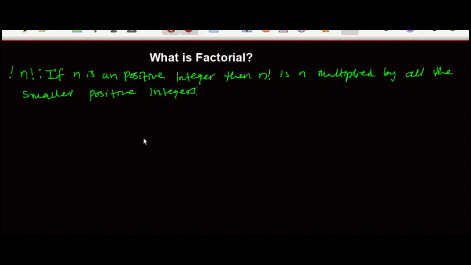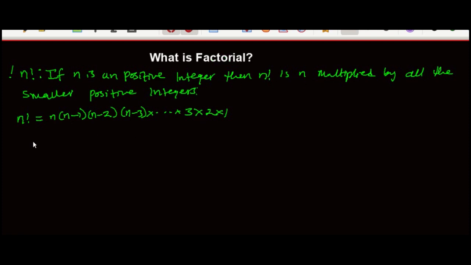So let's take an example very briefly to explain what I'm trying to say. On a more general note, n factorial is written as n multiplying n minus 1, multiplying n minus 2, multiplying n minus 3, multiplying say 3, 2, and 1, where all of these are positive integers, and of course they are smaller than n as said in our definition.